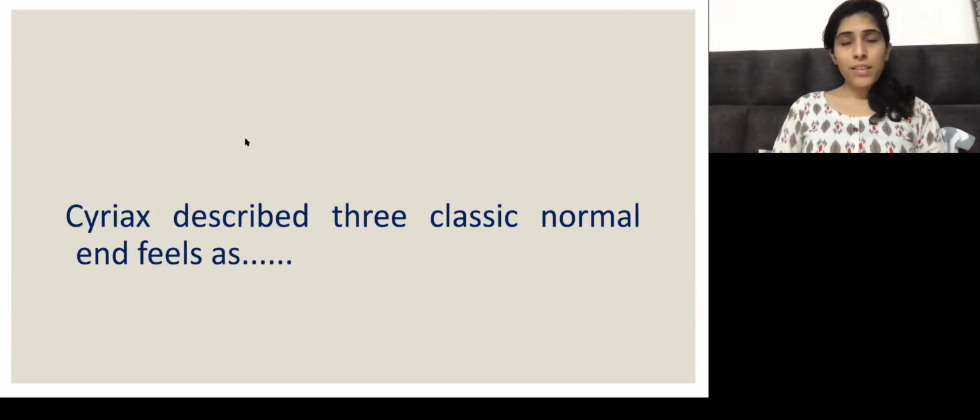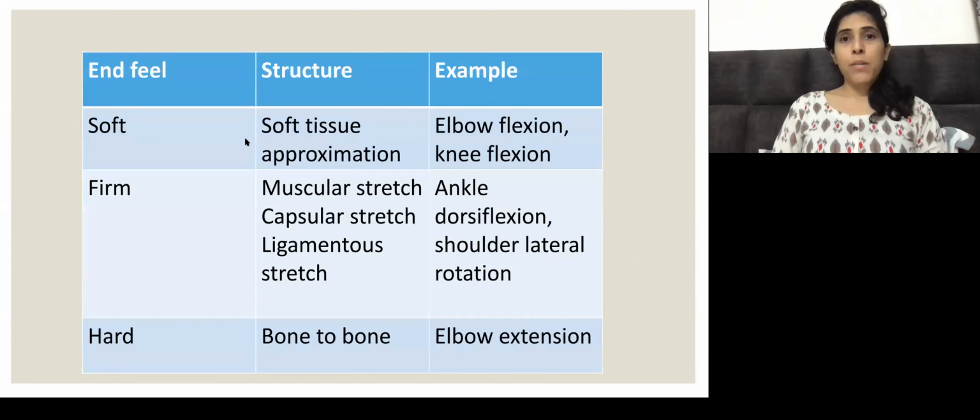Cyriax has divided normal end feel mainly into three types: soft, firm and hard. Soft is soft tissue approximation. Examples of soft end feel are elbow flexion and knee flexion.